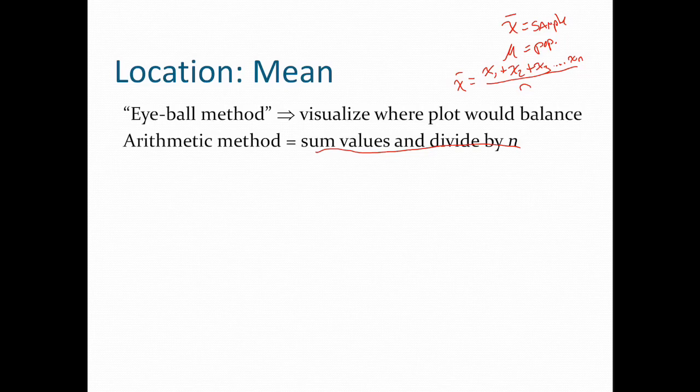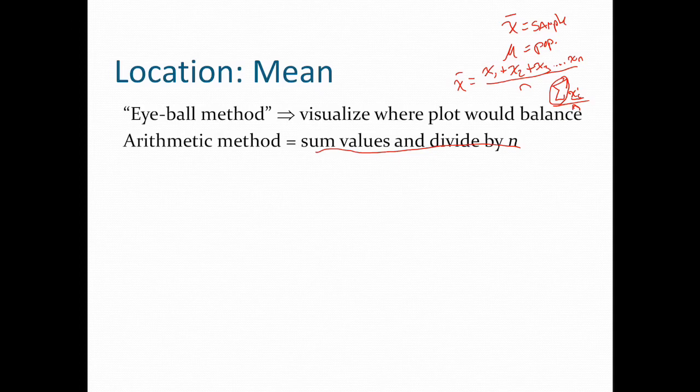Another way you can see this is the sum, capital sigma, of x sub i divided by n. You'll see capital sigma a lot more: the sum of all the x values divided by n, the number of people in your sample.